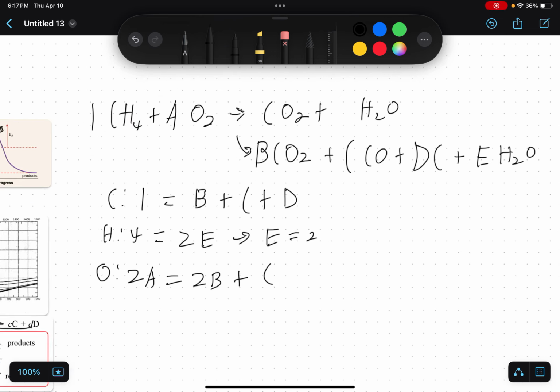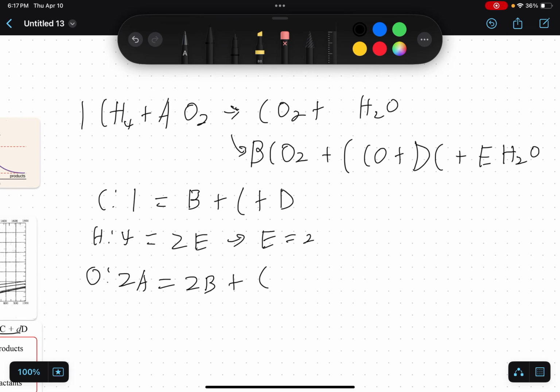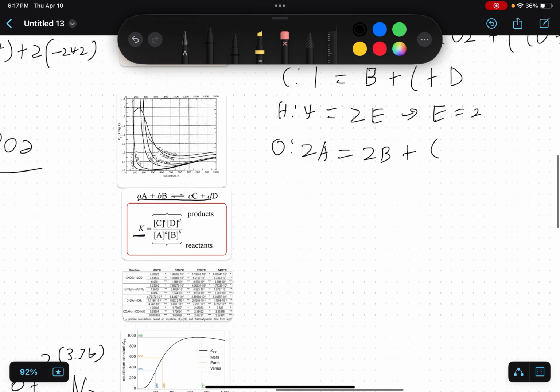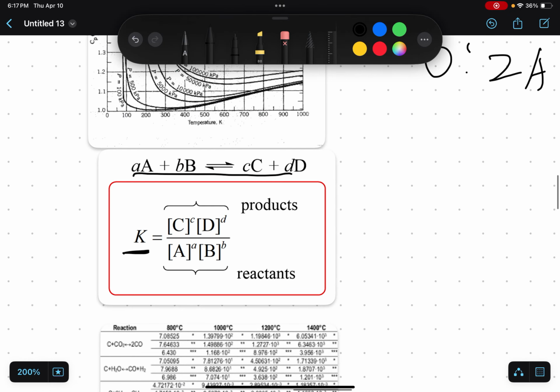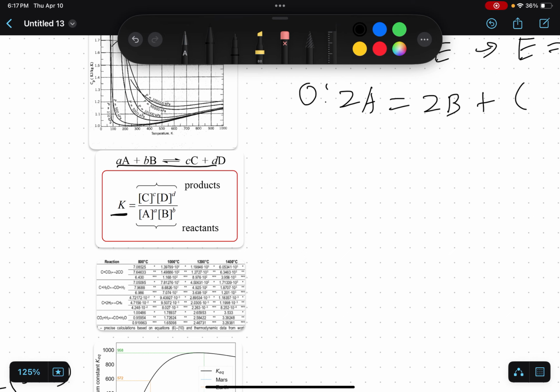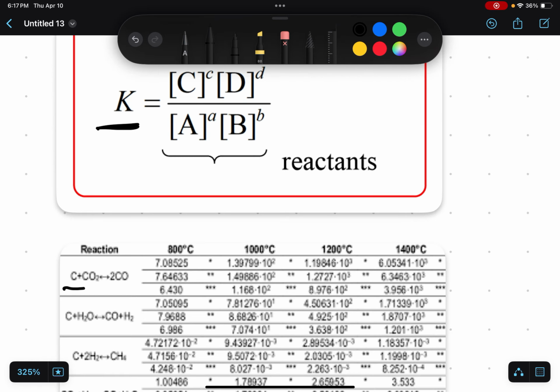Oh, do we have another one? I don't think we do. I think we might. I might be forgetting it, but that's besides the point. So another equation we can add is this equation. And this term on the left is called K equilibrium. And it relates these.